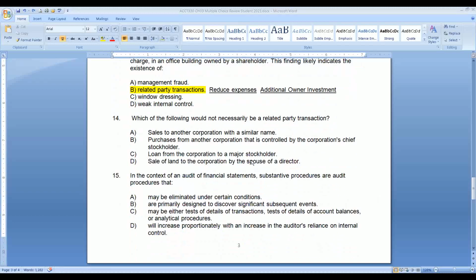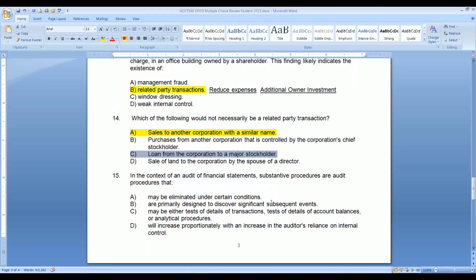Which of the following would not necessarily be a related party transaction? Sales to another corporation with similar name. Yeah, let's not do it. Now, someone picked C. C isn't necessarily a bad one, and that is if the loan comes about through normal business.